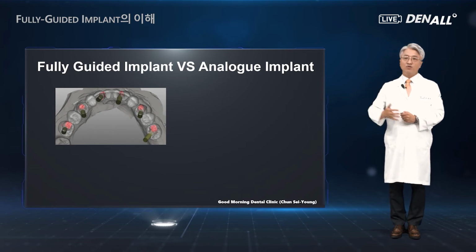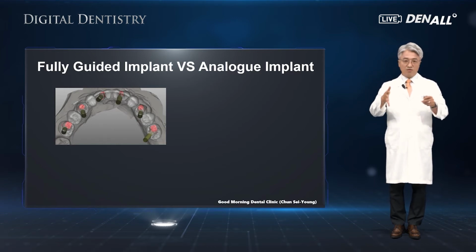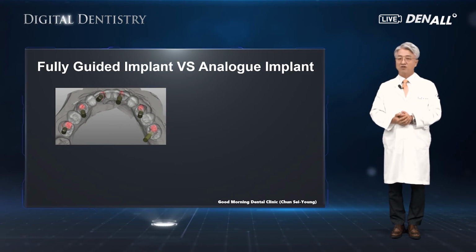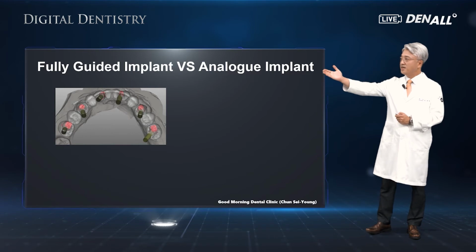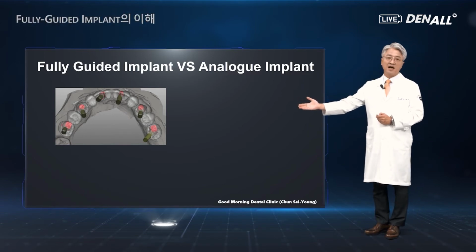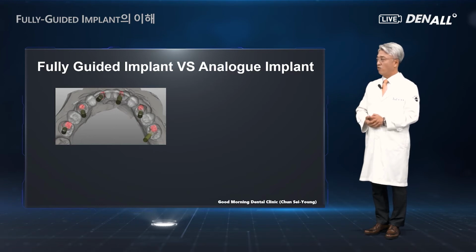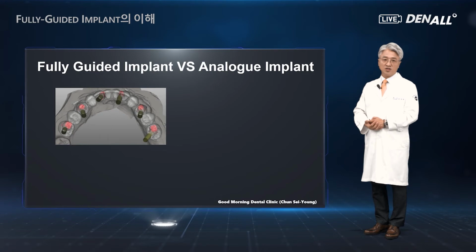Here, the full guided implant is compared to the analog implant. What are the differences? In the past, focusing on bone, implants were placed, so the definitive prosthesis did not fit the fixtures like this. Actually, this was considered very good prosthesis work.